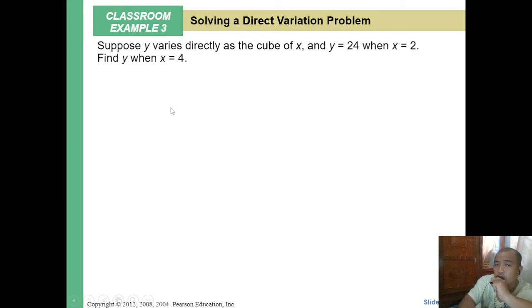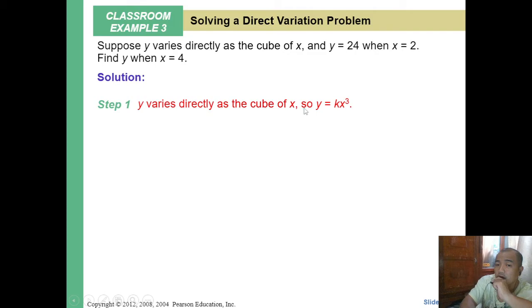So what will be our equation when this is direct variation? Y equals kx cube, right? Y equals kx cube will be our equation. Then let us now solve for k when y is 24 and x equals 2. Substitute.